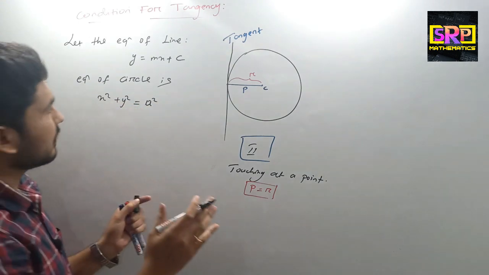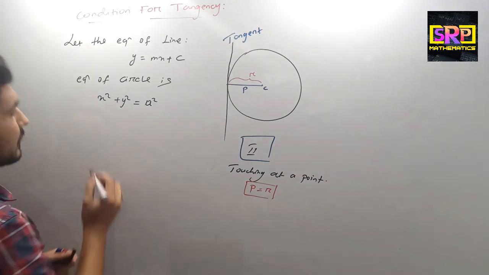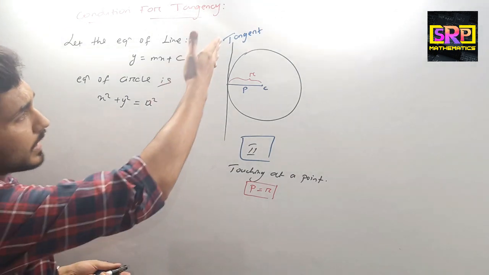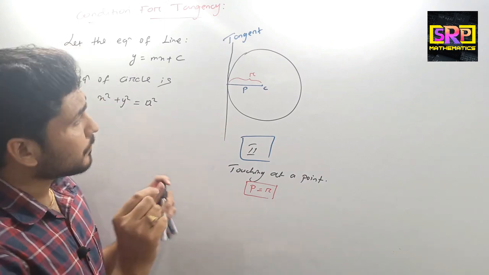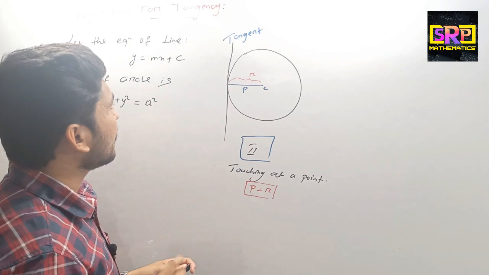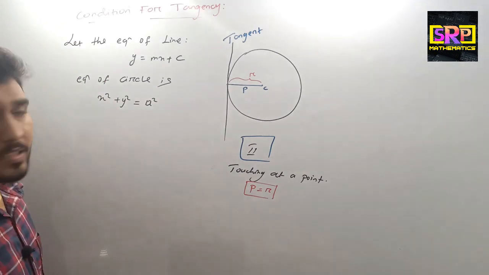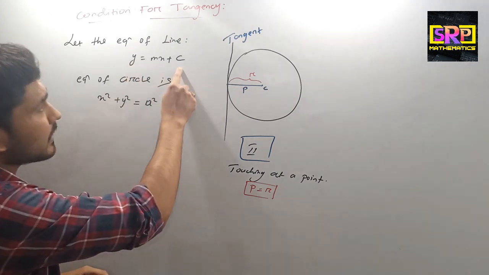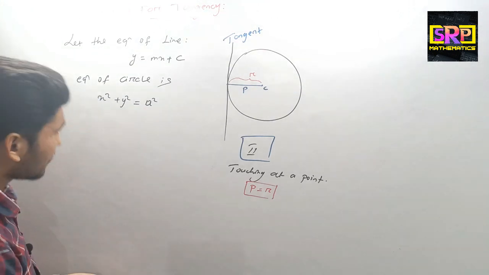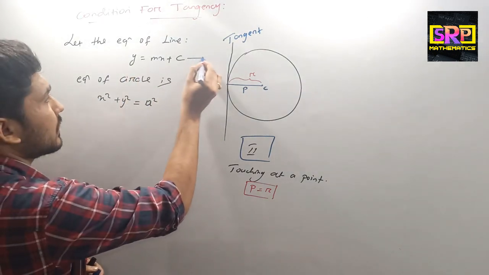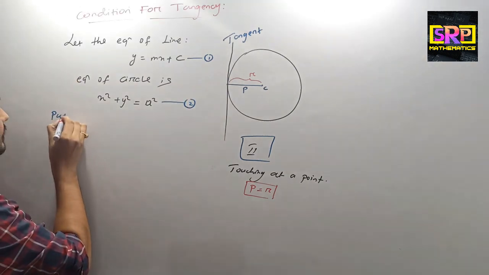That means center at (0, 0) and radius a. If the line is touching the circle at a single point, that means there will be a point (x, y) which will satisfy both the equations. That means if I put the straight line equation's y value in the circle equation, it will satisfy. Let this be equation 1 and equation 2.